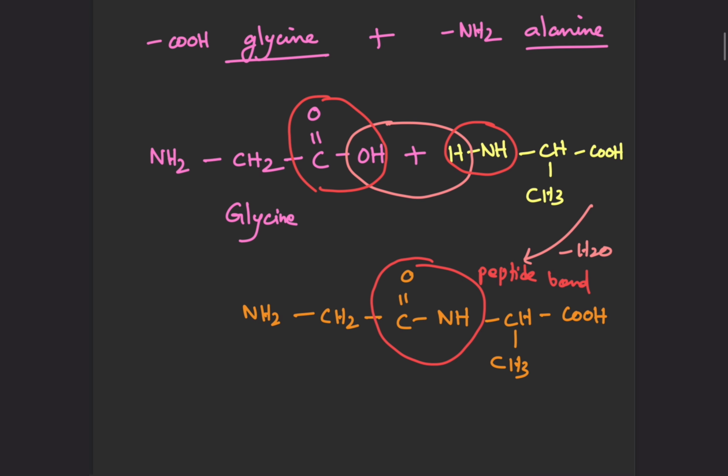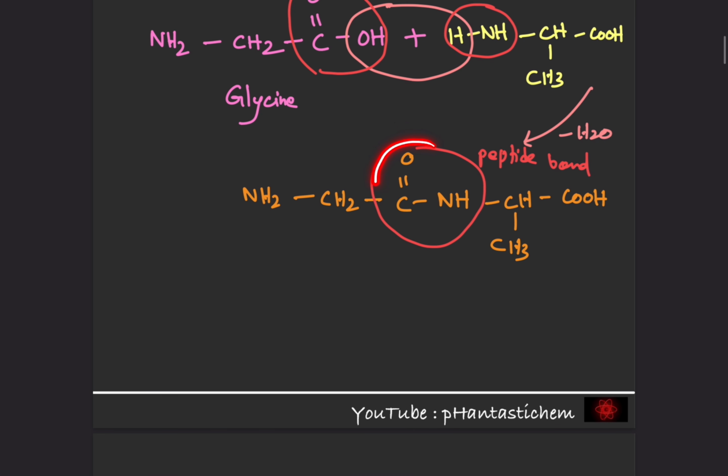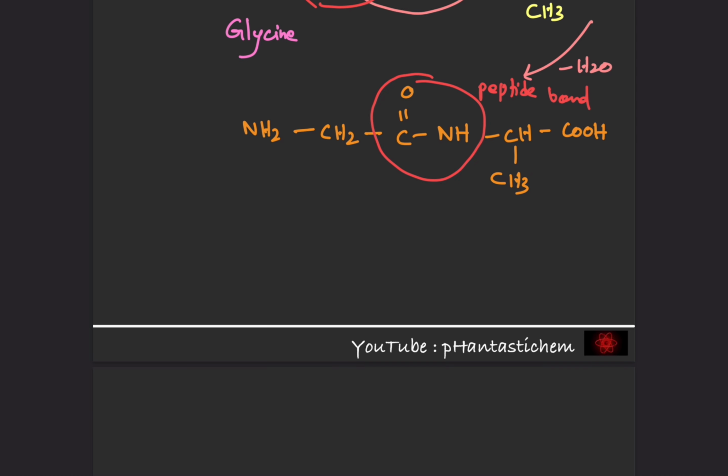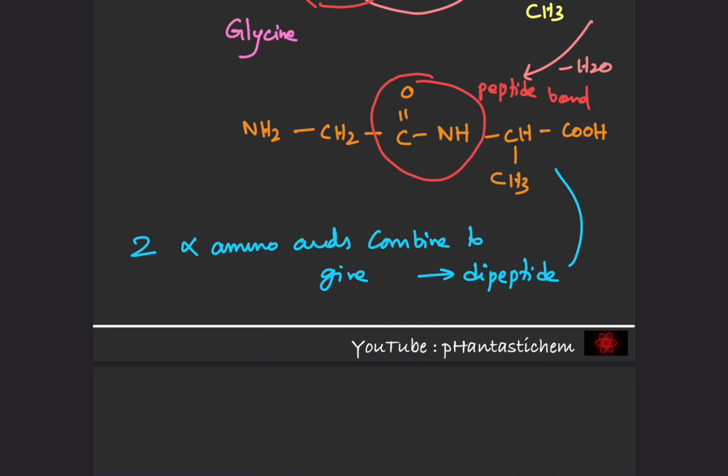So these two combine by a loss of a molecule of water and they result in the formation of a peptide bond. Okay, so two alpha amino acids combine to give us a dipeptide. For example, this one.